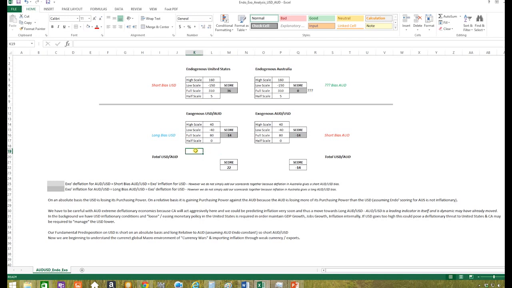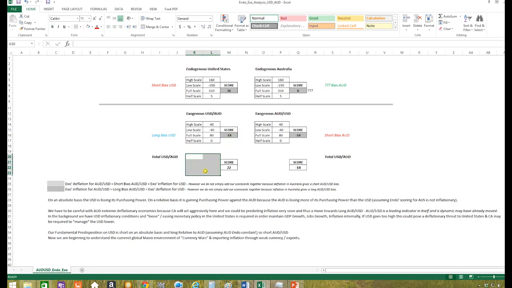So we don't simply add up our scorecards here and create a total scorecard and add the opposite number to the minus 14 on this side and create a plus 14 on this side, because it doesn't simply imply that we have automatic inflation in the United States.